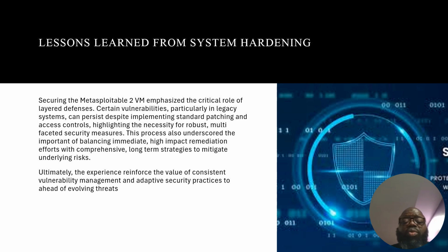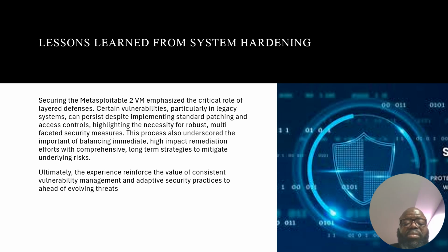Lessons learned from all these tests and scans from system hardening and securing the Metasploitable 2 VM emphasize the critical role of layered defenses. Certain vulnerabilities, particularly in legacy systems, persisted despite implementing standard patching and access controls, highlighting the necessity of robust, multi-faceted security measures.